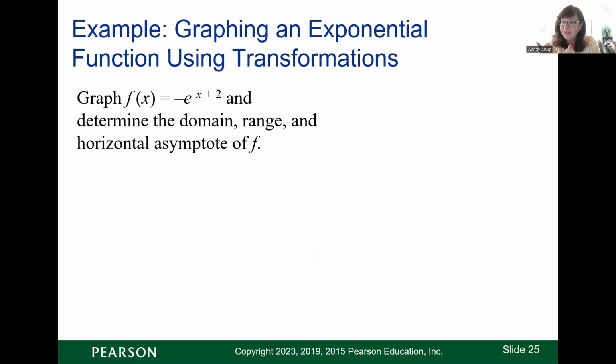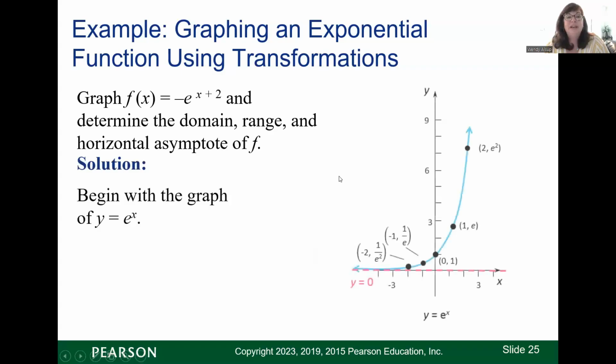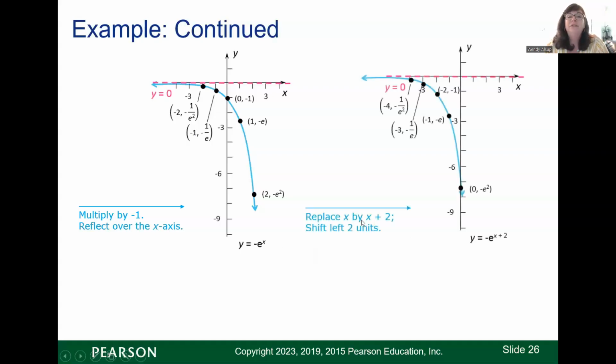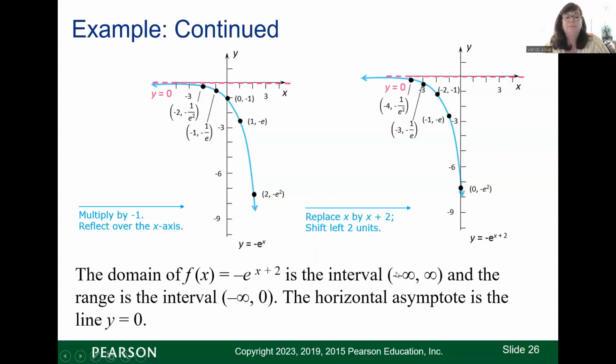You might think it would go right, it's actually going to go left. So let's take the basic e to the x function. We're going to flip it across the x-axis, and then we're going to move it left 2 units. So you were at (0, -1). Now you'll be at (-2, -1) once you move left 2. So transformations work the same way.